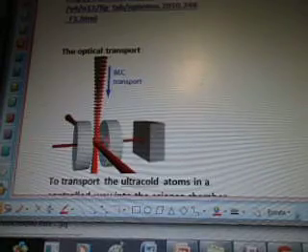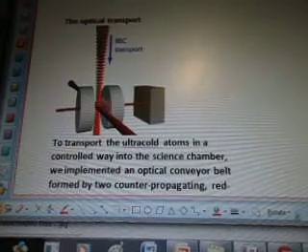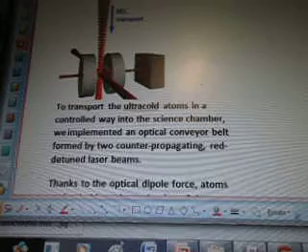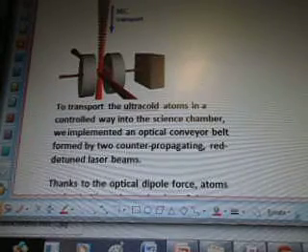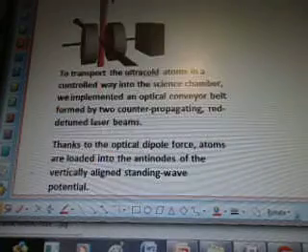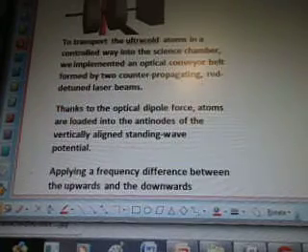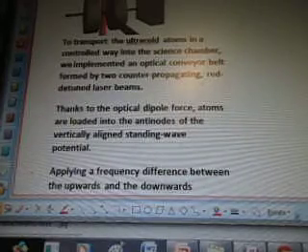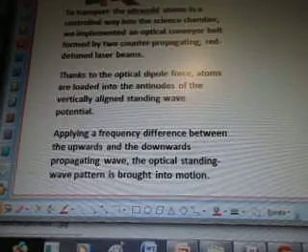The optical transport, BEC transport. To transport the ultra-cold atoms in a controlled way into the science chamber, we implemented an optical conveyor belt formed by two counter-propagating red detuned laser beams. Thanks to the optical dipole force, atoms are loaded into the antinodes of the vertically aligned standing wave potential.